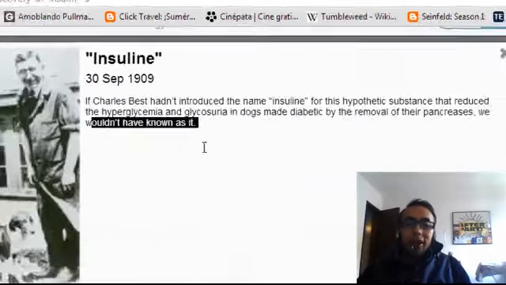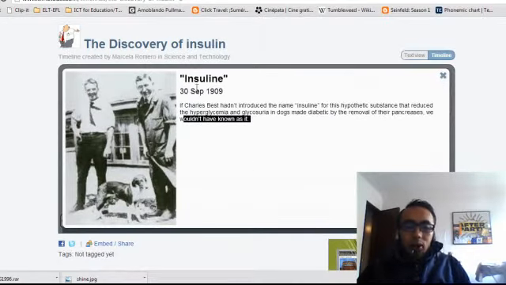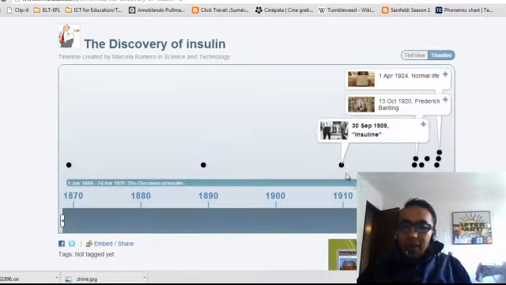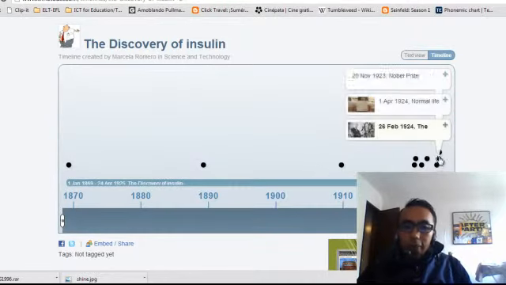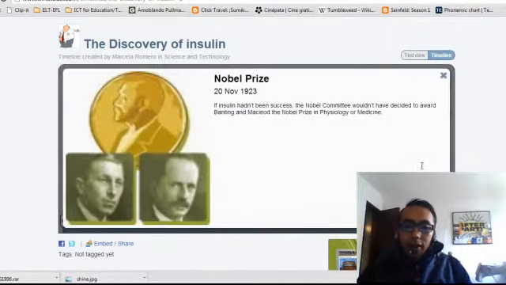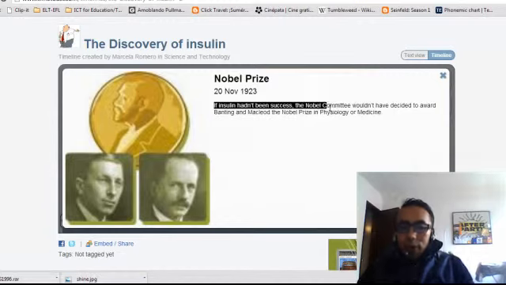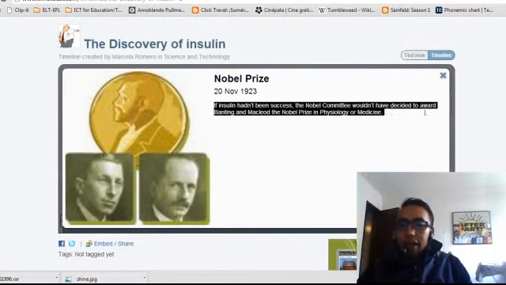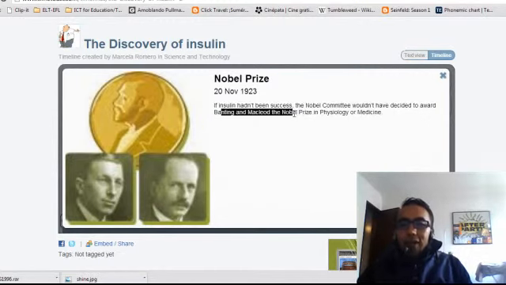In this case, he's talking about a historical event, something that happened and caused an impact in history. You can create similar examples. If insulin hadn't been a success, the Nobel Committee wouldn't have decided to award the Nobel Prize to these two inventors. This is the idea, to talk about the historical consequences.